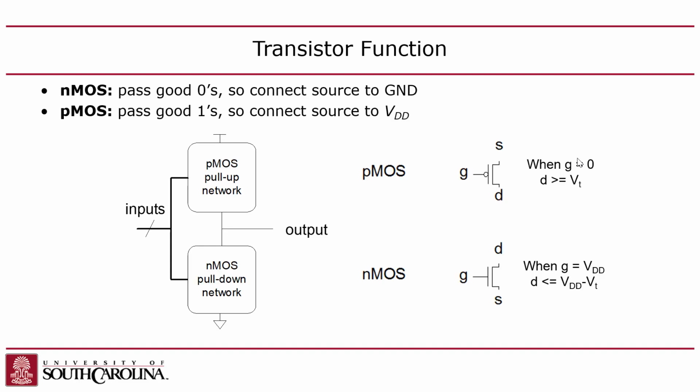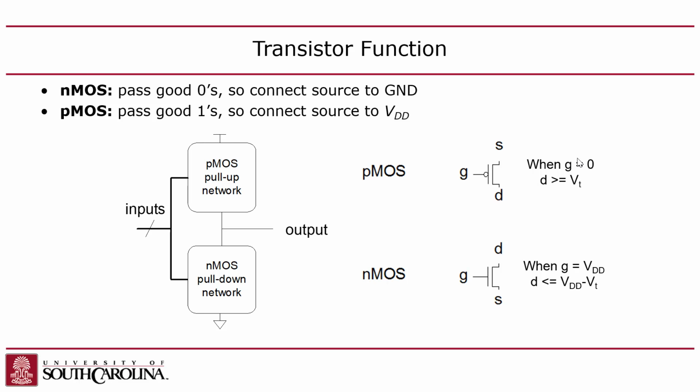Okay, so then how do you build a logic gate from this? Well, this is where things get really interesting. So basically, the inputs to the logic gate are connected to the gates of the transistors, right? Gate, logic gate, gate of the transistor.